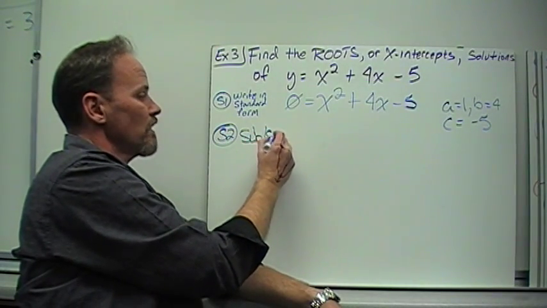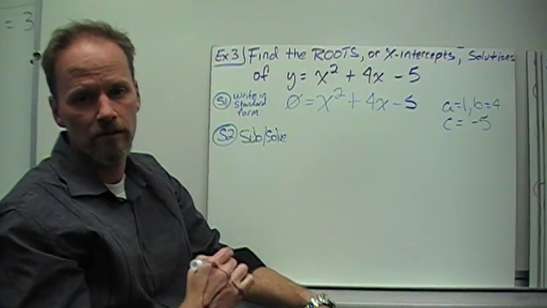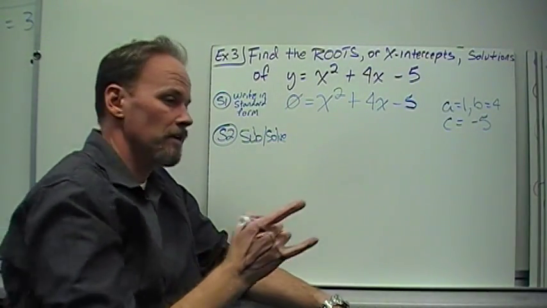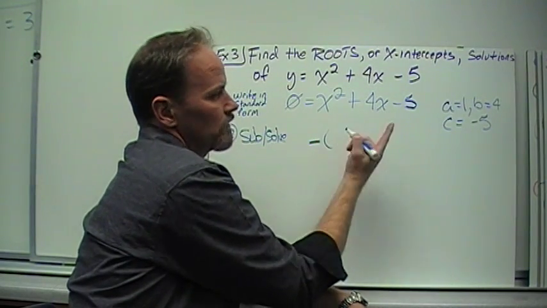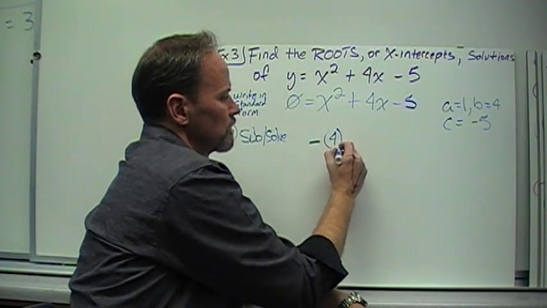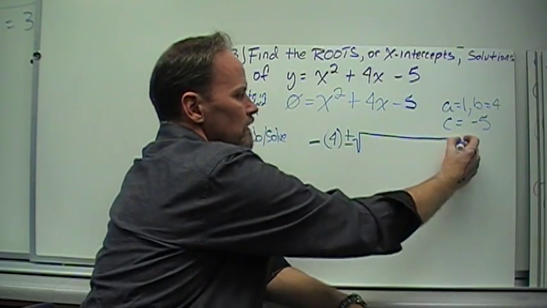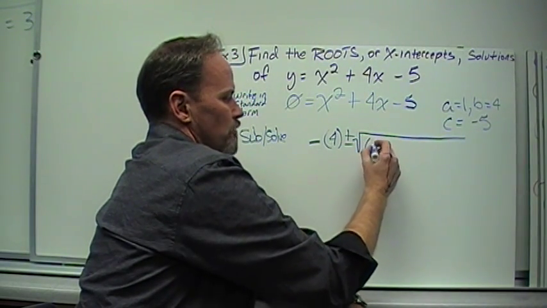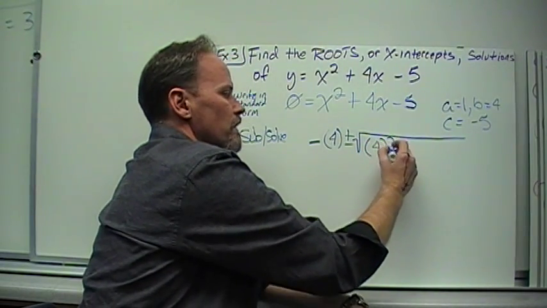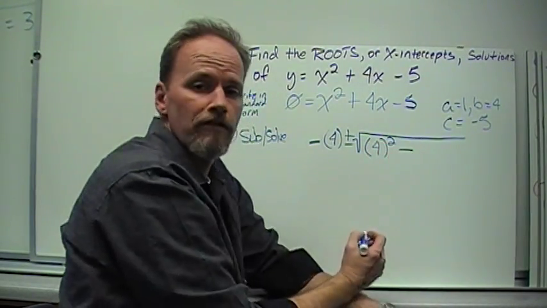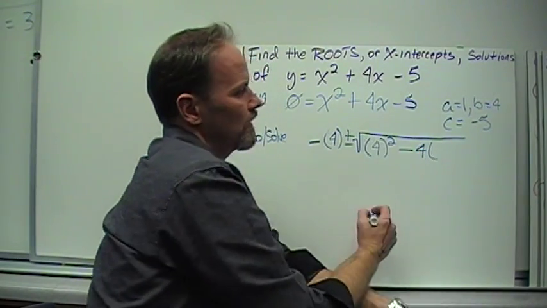Step 2. Basically sub and solve or simplify. So let's substitute it into the formula. It starts off with the opposite of b, so let's insert b, plus or minus the square root of b squared, that was 4 squared, minus 4ac. 4 times, where's our a?